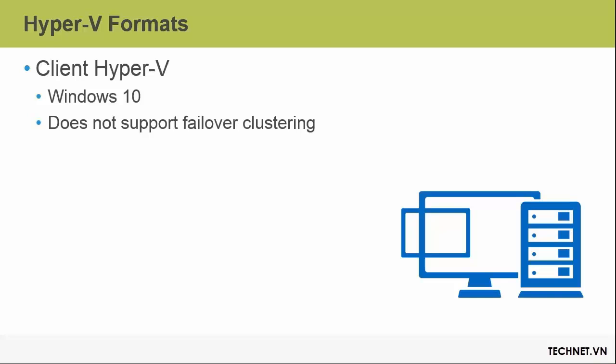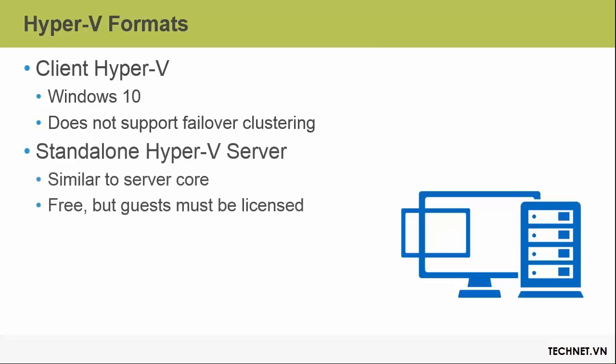And what this means is that it's useful in a testing environment, but you wouldn't use Client Hyper-V to run production virtual machines. The standalone Hyper-V server product is a separate installation and configuration. It's similar to Server Core in that once it's installed, there is no local graphical interface, but there is local command line access.